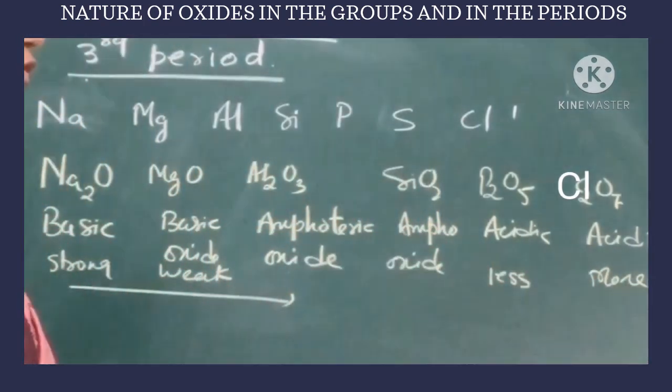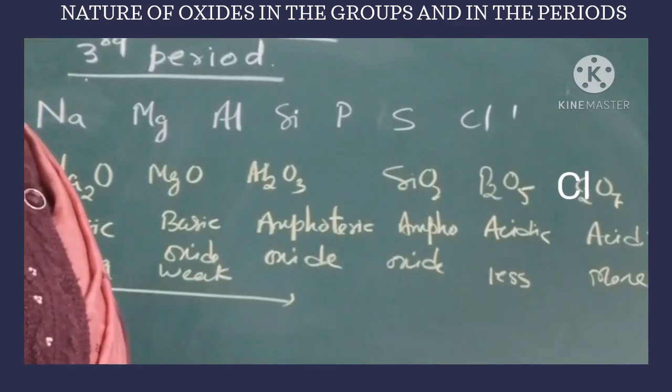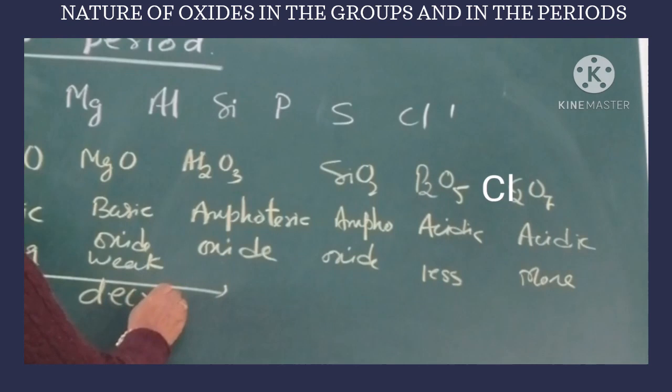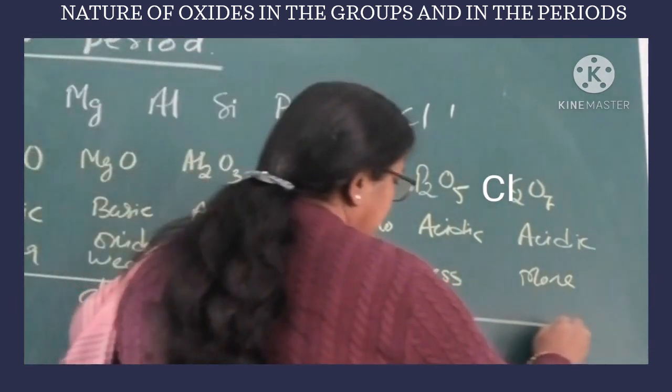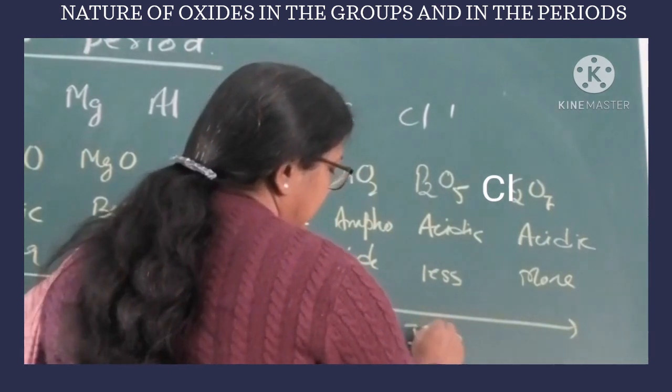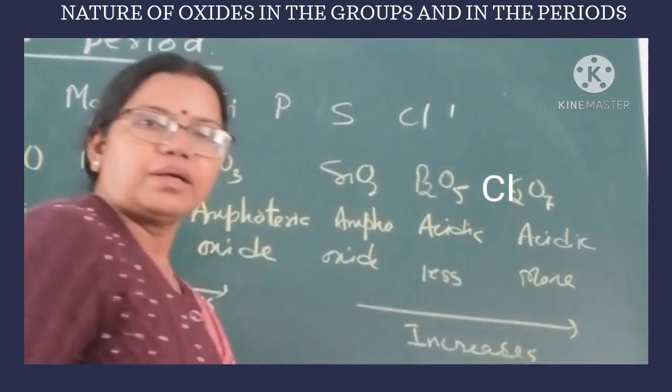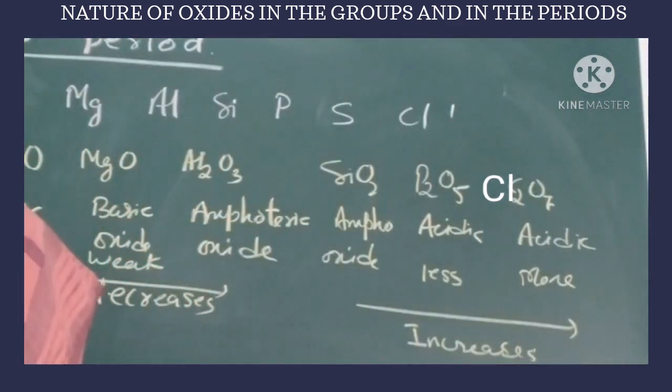That means on moving from left to right in a period, the basic strength decreases, whereas acidic property increases.